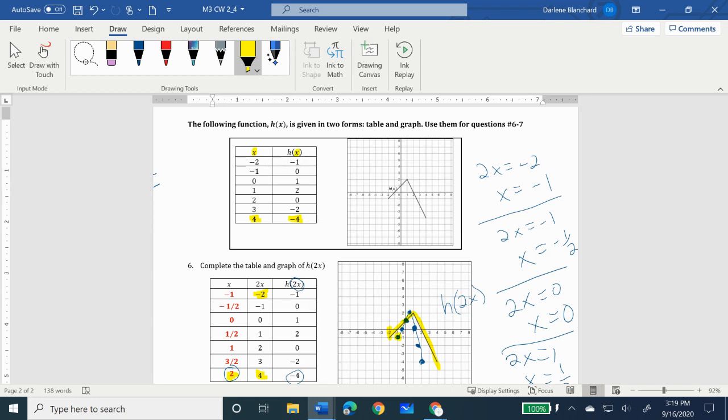So bottom line, what happens is when you have h of 2x, when you know the graph of h, you're not going to multiply your x by 2. You're going to divide your x's by 2.